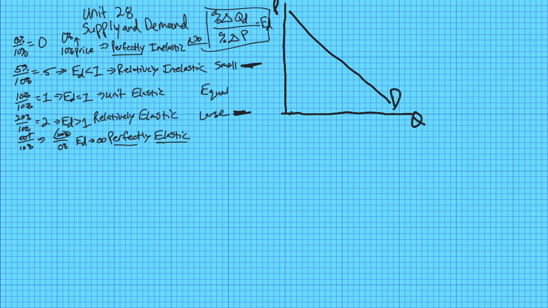If the price is right here and the quantity is there, we know when the price goes up, the quantity goes down, and we end up at this point right here. So this becomes P1 and this becomes Q1.